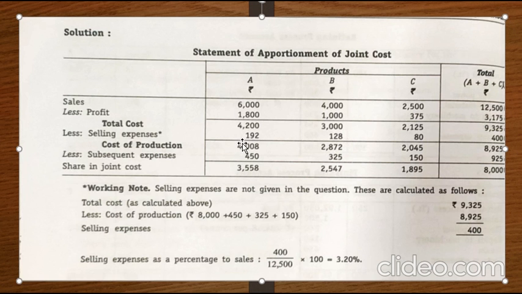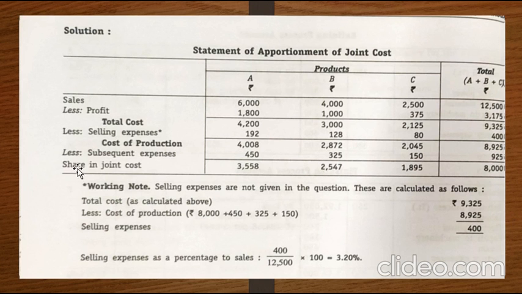So the total cost minus selling expense will give you your cost of production, which is 4,008 for A, and for B it is 2,872. For C it is 2,045. So the total for A, B, C is 8,925. So next is less subsequent expenses. Subsequent expenses is an expense which is incurred after separation or at the split end point.